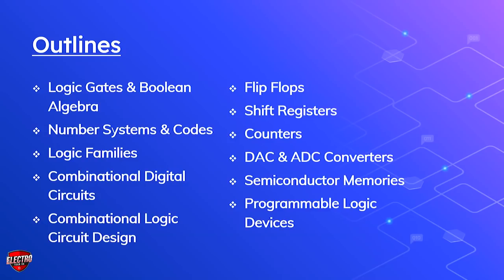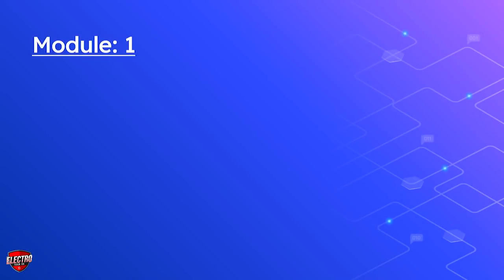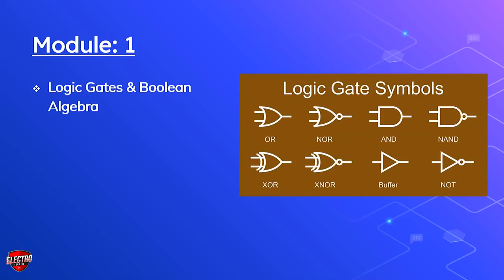Now let us discuss the syllabus in detail. Let us begin with Module 1, one of the most important and the base of digital electronics. Digital electronics starts with logic, positive logic and negative logic, and logic gates. Logic gates are the basic building block of any digital system.